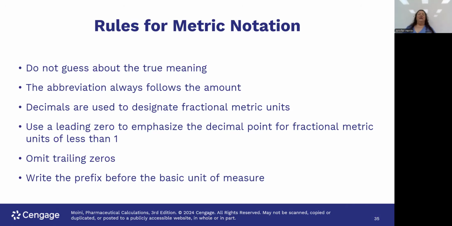And use a leading zero to emphasize the decimal point for fractional metric units of less than 1. And remember, we need to omit any unnecessary trailing zeros behind a decimal point. And we want to write the suffix before the basic unit of measure. So if we're talking about a kilometer, it's km and not mk.